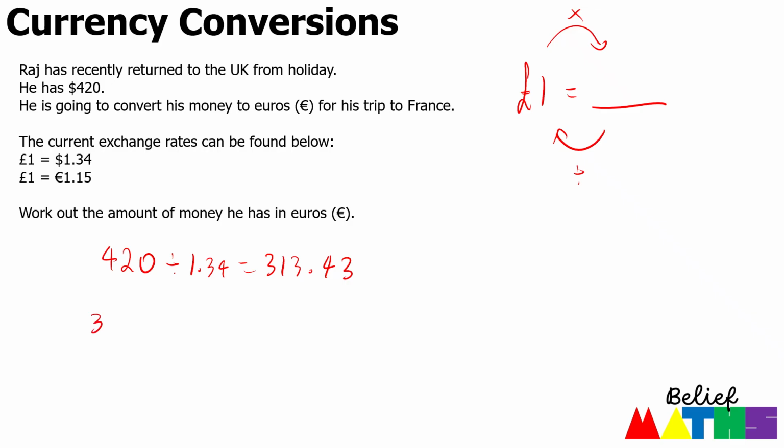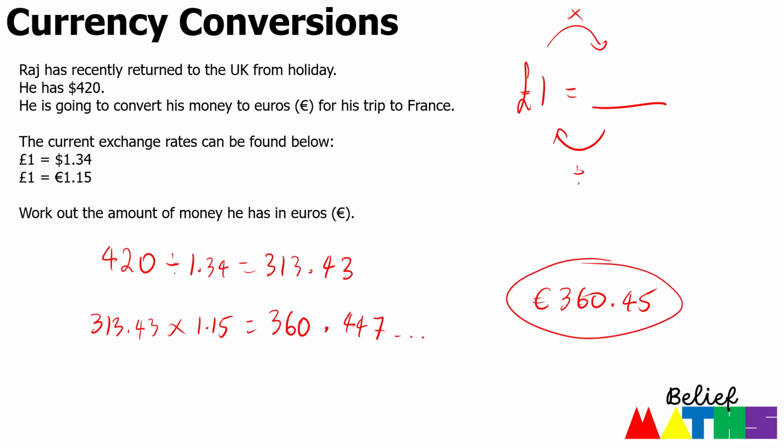The calculation we're doing is 313.43 multiplied by my euros now, 1.15. On my calculator I can just go answer times 1.15, and that gives me an answer of 360.447, which means that it's 360 euro and 45 cent. So our final answer in euros is 360.45. And again, all money will be to 2 decimal places.